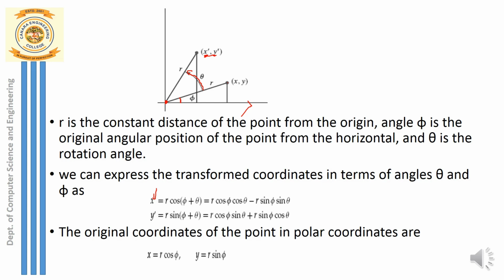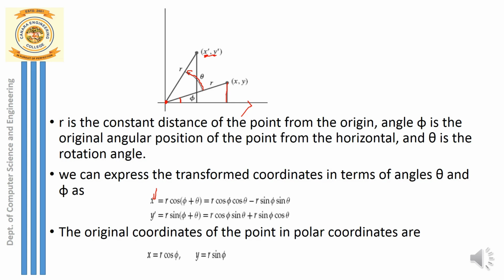You can see I can represent this in the form of a right angle triangle. First, for the original line, I'll just draw a perpendicular to the x axis. So this has become one small right angle triangle.